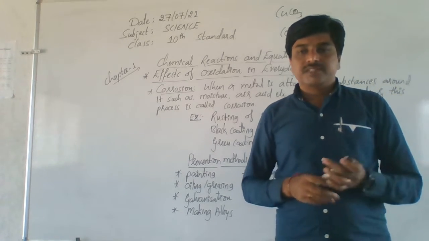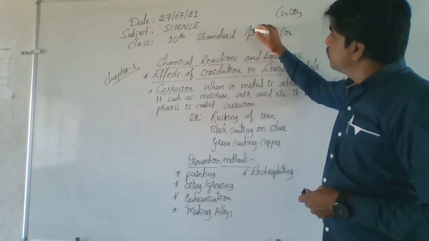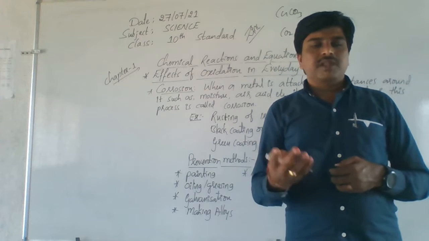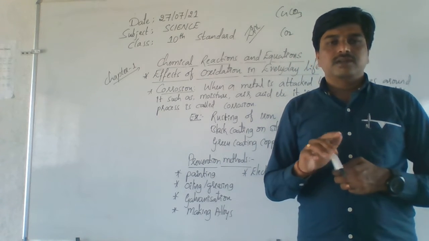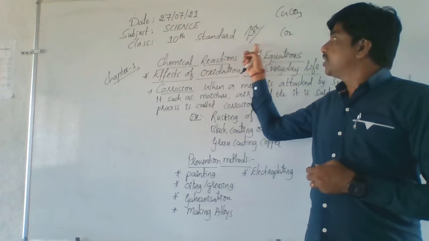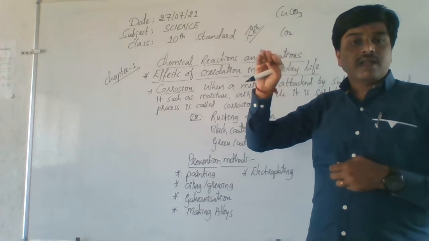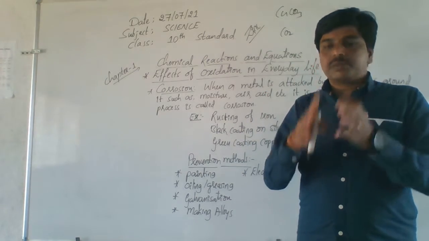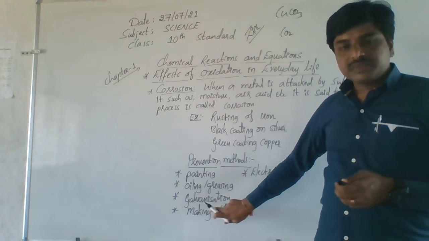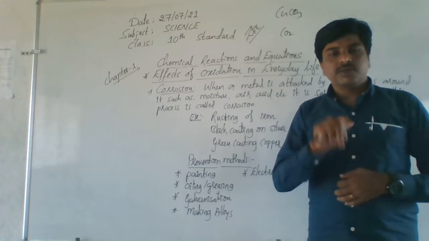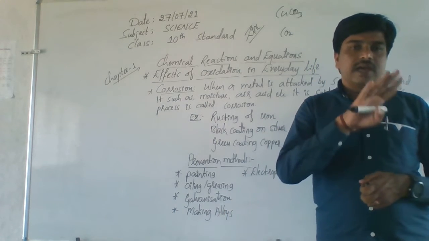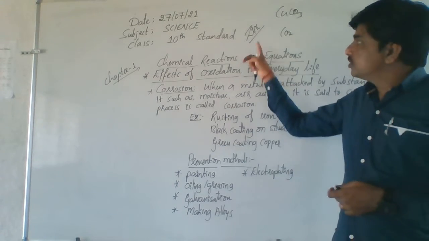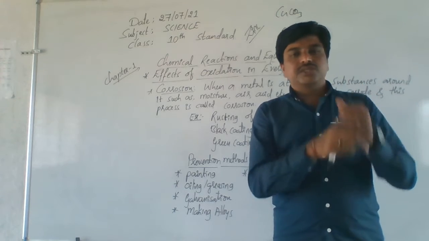Galvanization means coating a zinc layer on a base metal, iron or any other metal. If you coat a zinc layer on any metal, that process we call galvanization. In simple words, it is a coating of zinc layer on iron-like materials. So this zinc layer also resists the oxidation of metals.